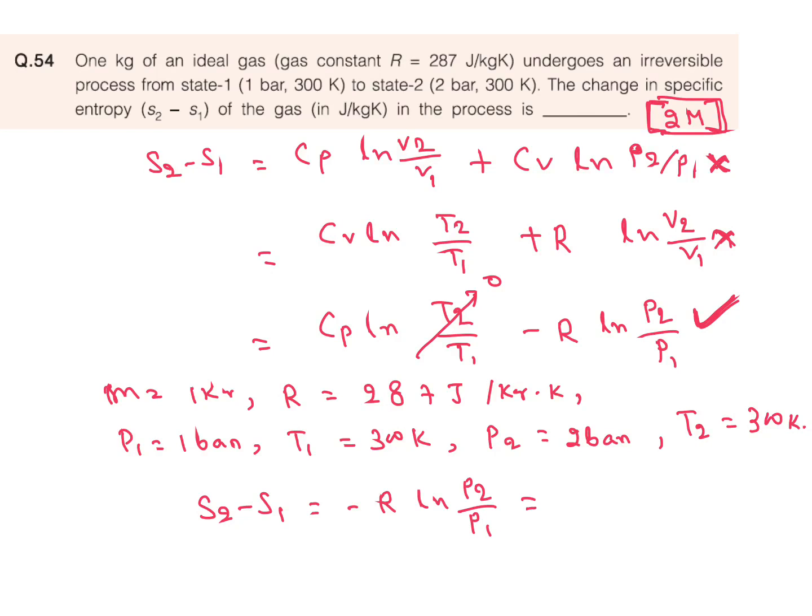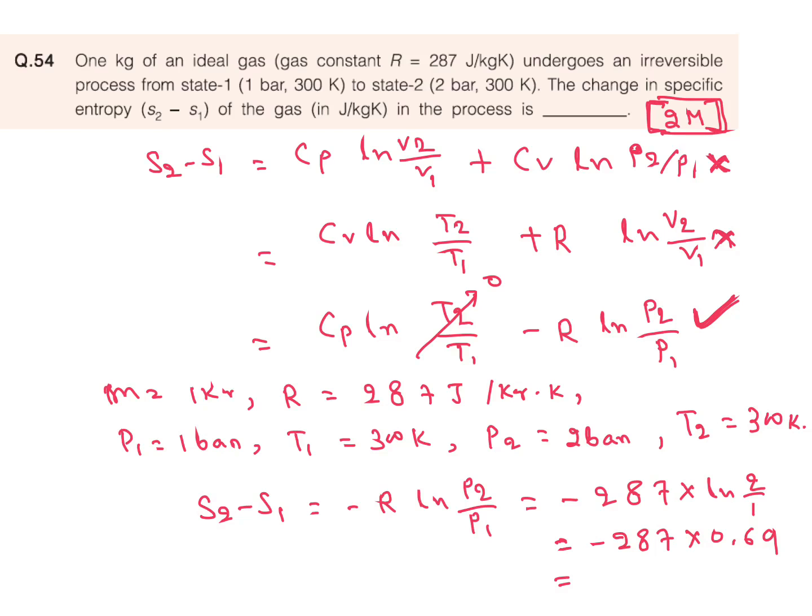R value is 287 into ln P2 by P1, you will get ln 2 as 0.69, so 287 into 0.69. This type of question ISRO also asks. That time you won't get a calculator, so you have to remember the ln value.